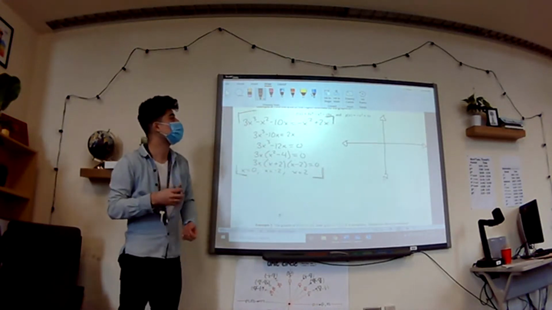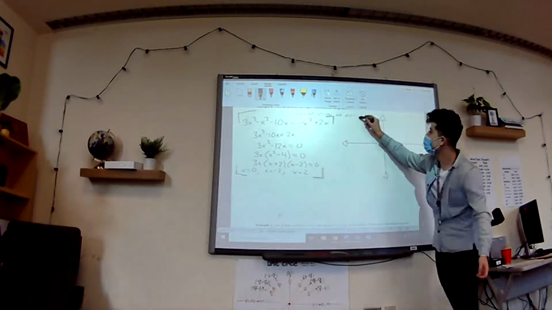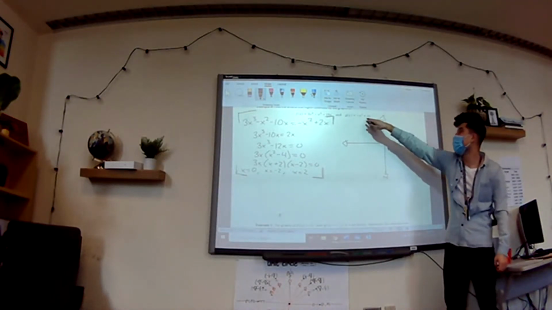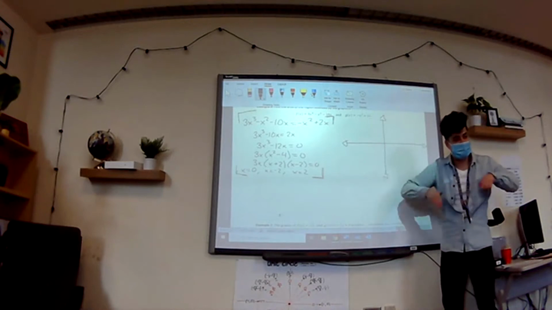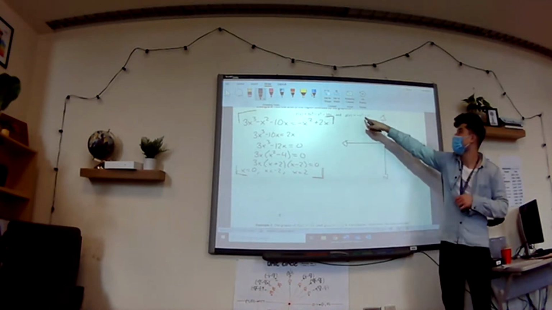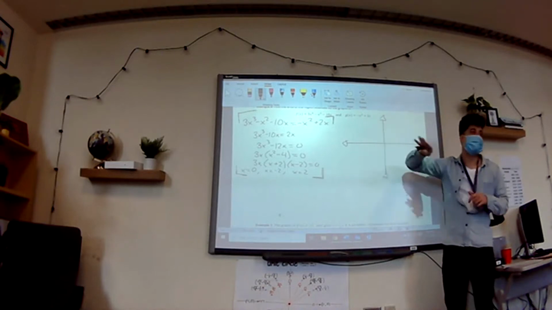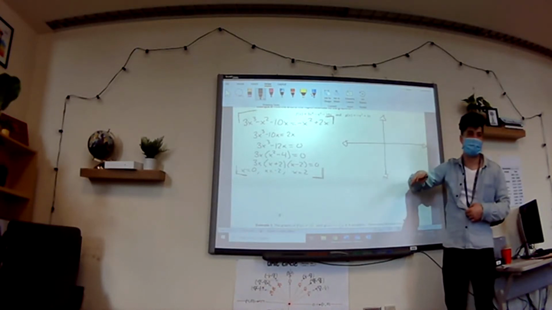If I want to graph this one accurately, I know it's a parabola that opens downward. It would also be good to know the vertex of it, and that's probably good enough. I can make my picture from that.